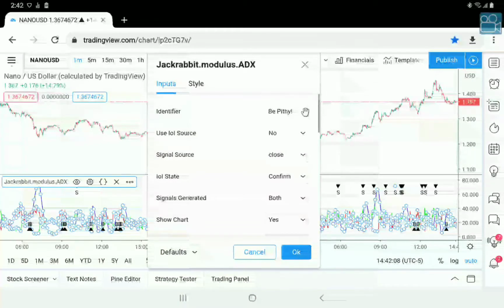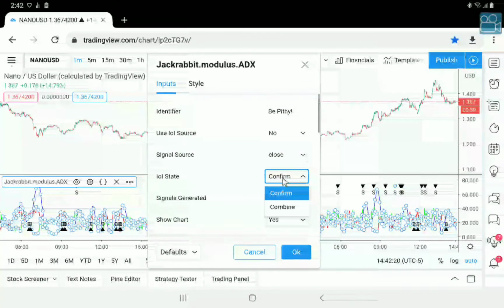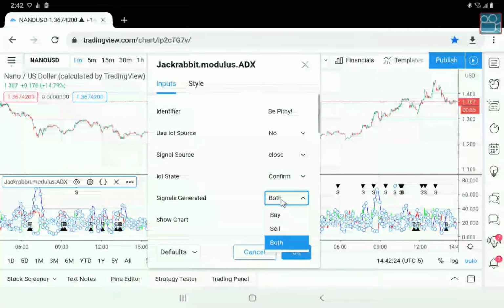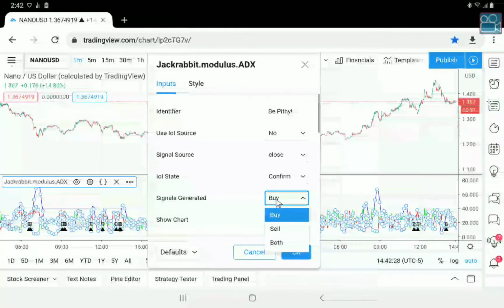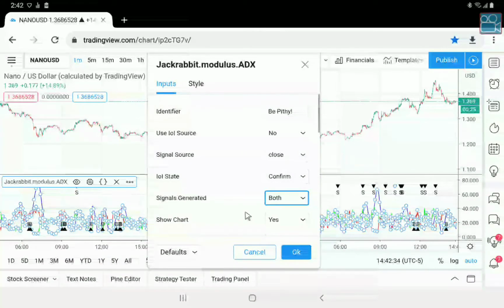The identifier, the indicator on indicator source, which is a yes or no, the source signal approach, whether or not you want confirmation or combination, and the kind of signals you want generated, buy, sell, or both. All the standard information that is necessary for all modulus framework components.